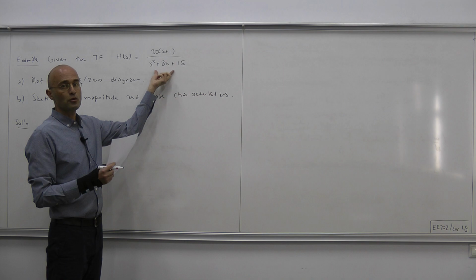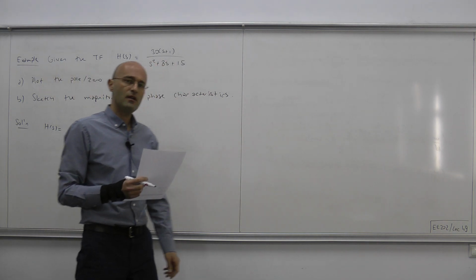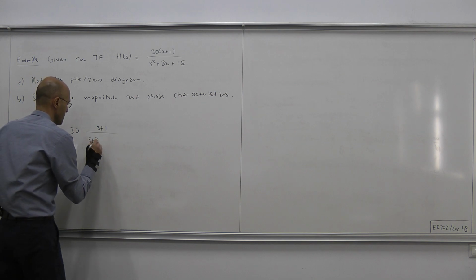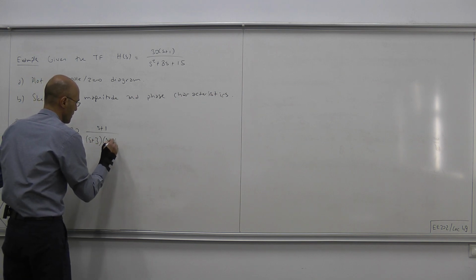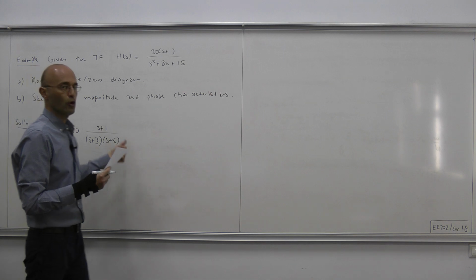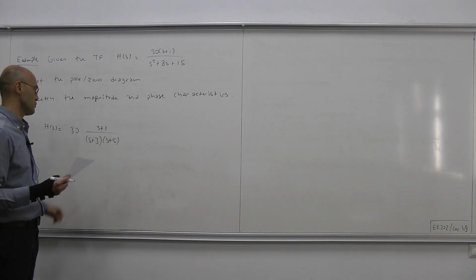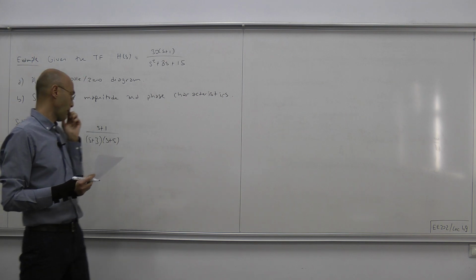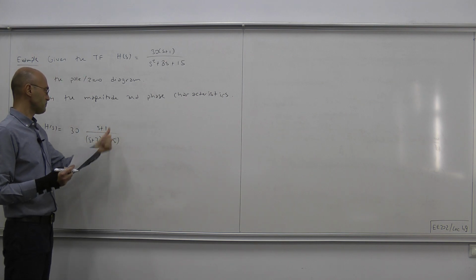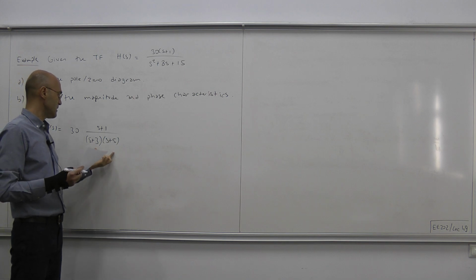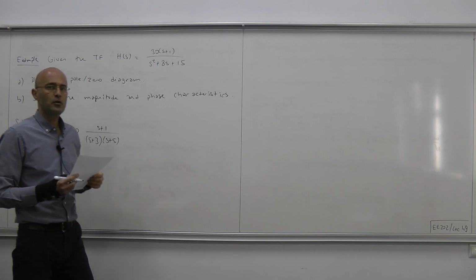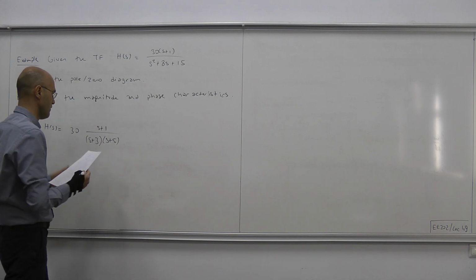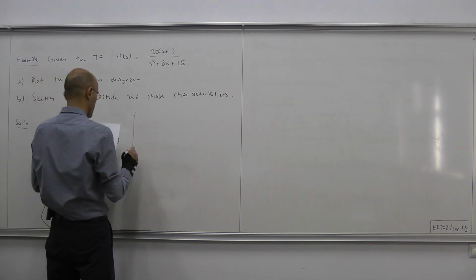As for the poles, we have to figure out the roots of the denominator polynomial, which, it's not difficult to see, can be written as a product of two first order terms, (s plus 3) times (s plus 5). So that means we have a zero at -1 and a pair of real poles, one at -3 and the other at -5.